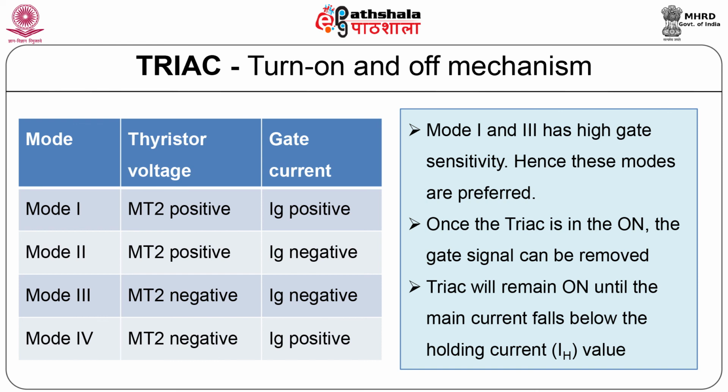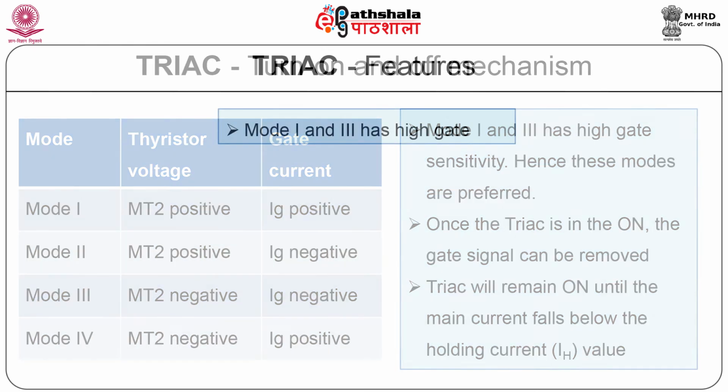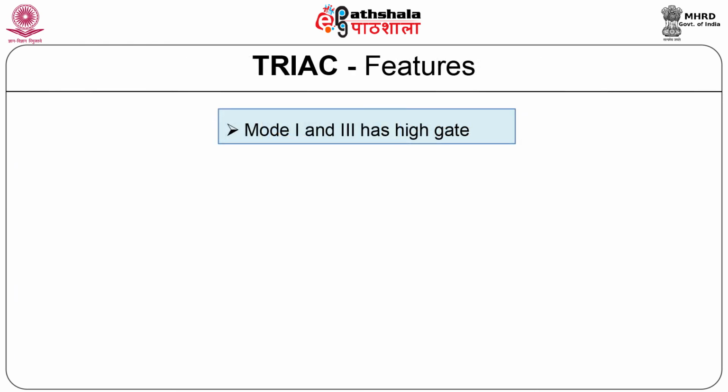So, there are advantages of TRIAC. Control is easy, circuit size is reduced. TRIACs are basically used for low power. They are used for phase control. So, that is why these are used in AC voltage controllers.